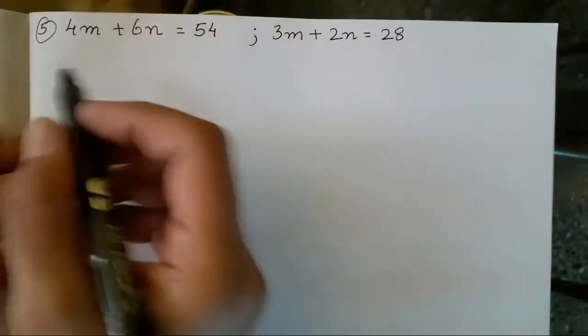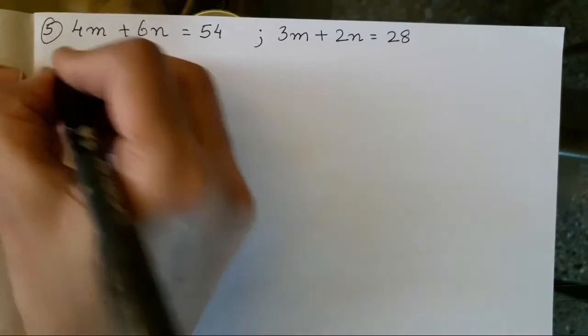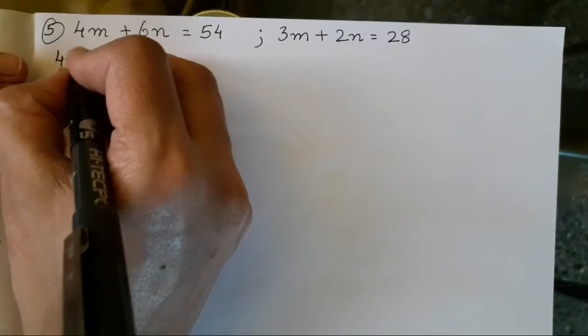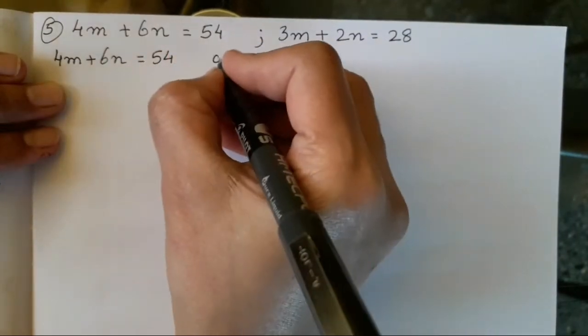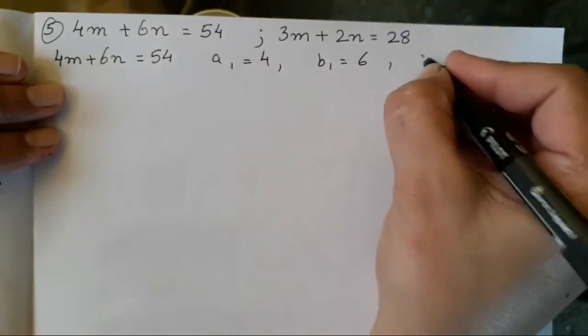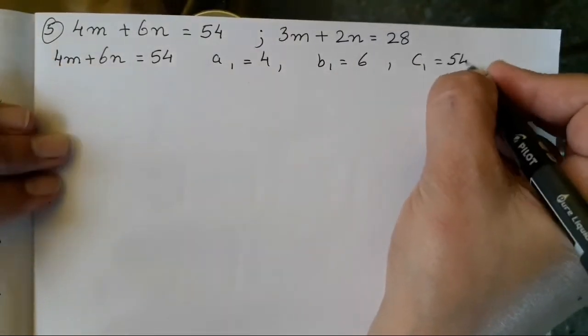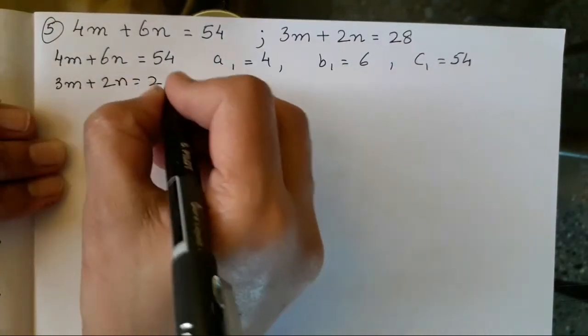Now fifth sum, again it's in the form of ax plus by is equal to c. So no need to change it. Directly take a1, b1, c1. Next equation is 3m plus 2n is equal to 28.